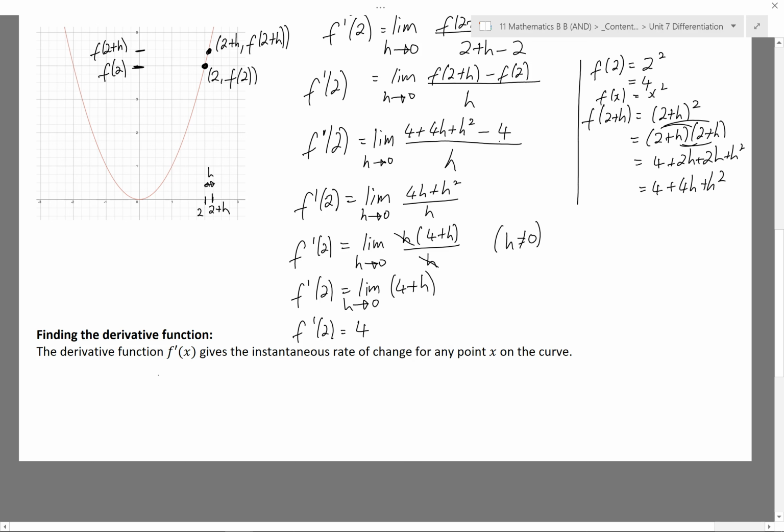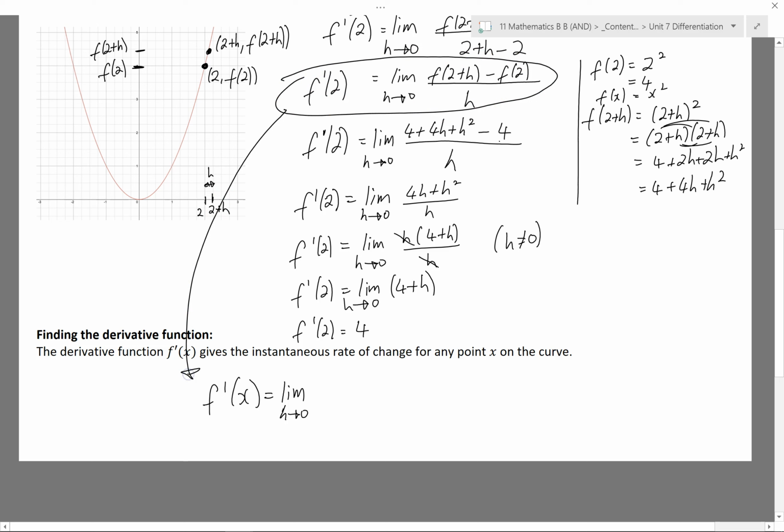So our main goal is to find f dash of x, not f dash of 2 or f dash of 3, the general one, f dash of x, which will be the limit as h approaches 0. So it's essentially this, but instead of using 2's, we'll just use x's.